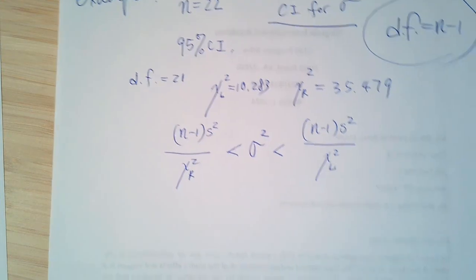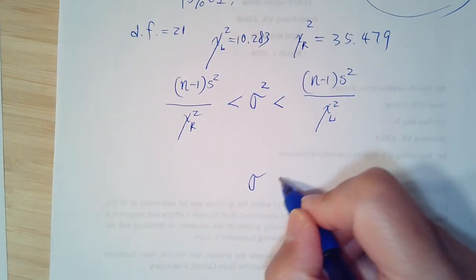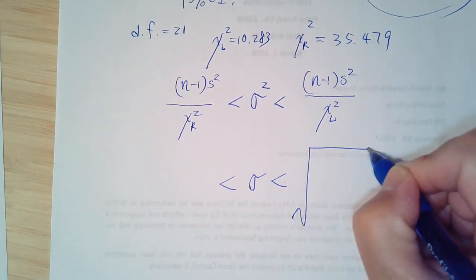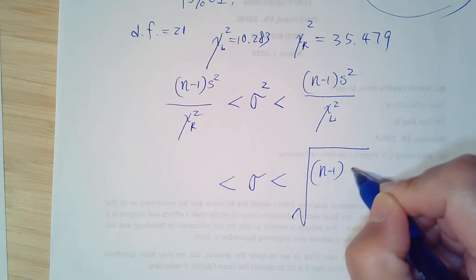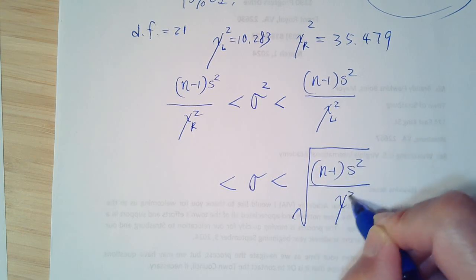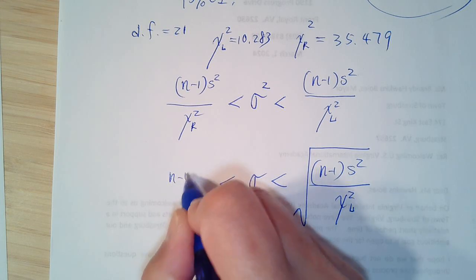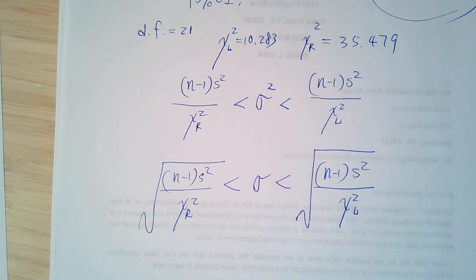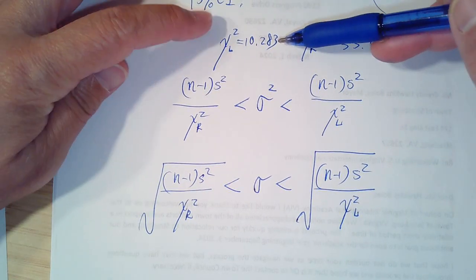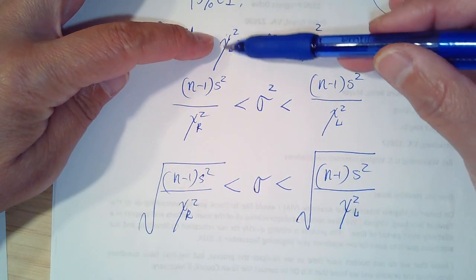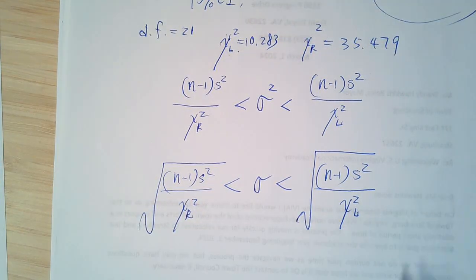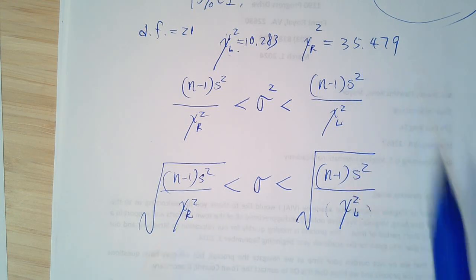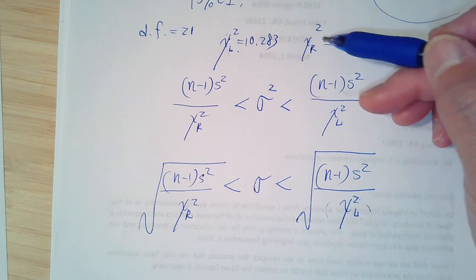For sigma, that will be the square root of each. Keep in mind what you find here is already chi-square, so the whole thing here is 10.283, and the denominator is 35.479. So don't take a square again, because this one already has a square.